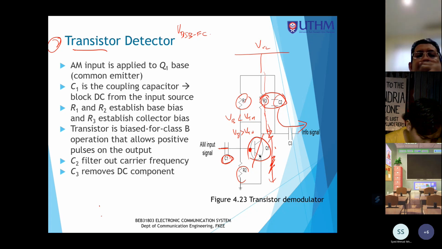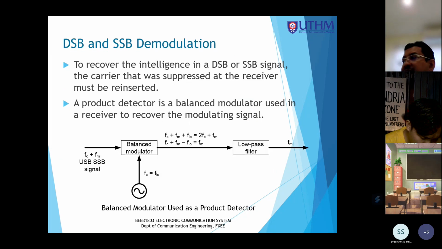Okay, macam mana pula kalau kita menerima signal selain daripada double sideband full carrier? For example, kita terima double sideband suppressed carrier ataupun single sideband signal kita terima pada receiver. So how can we do the demodulation process?